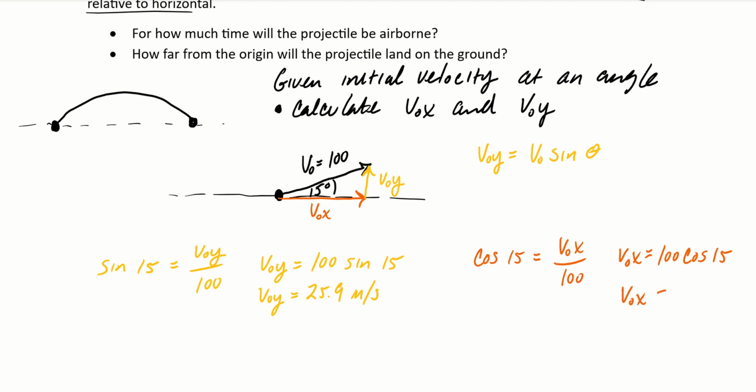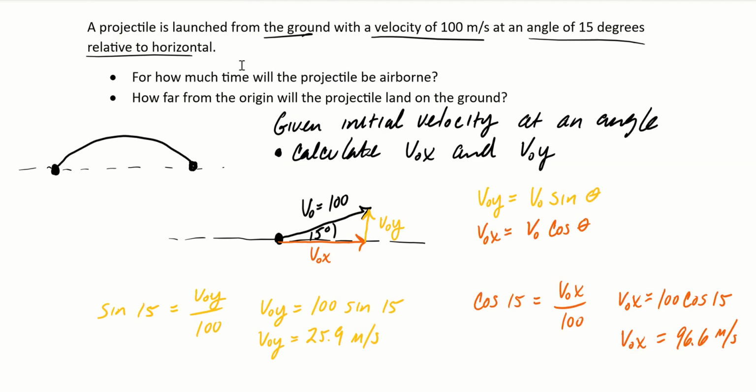And so I put that into my calculator, and I get 96.6 meters per second. We can write a general formula up here, same as for our initial y velocity: the initial x velocity is equal to our initial velocity that's given times the cosine of theta.